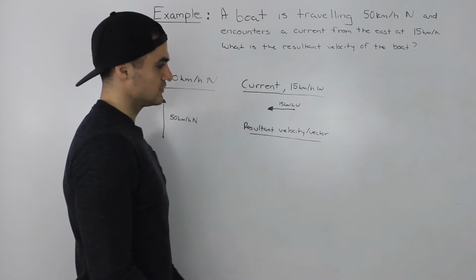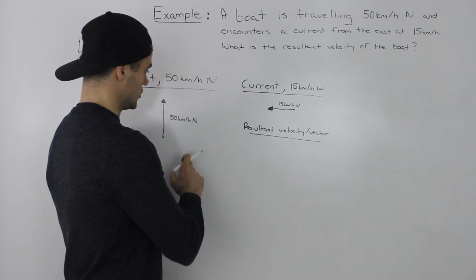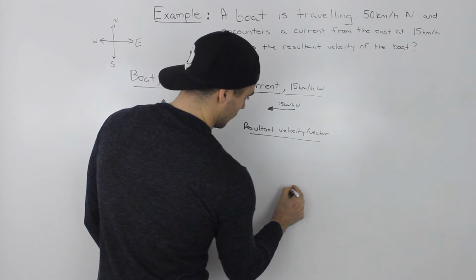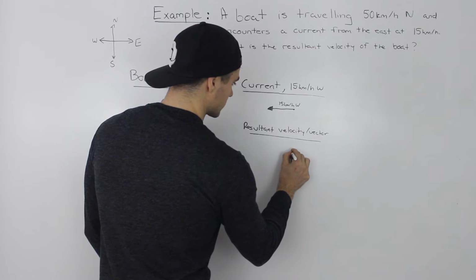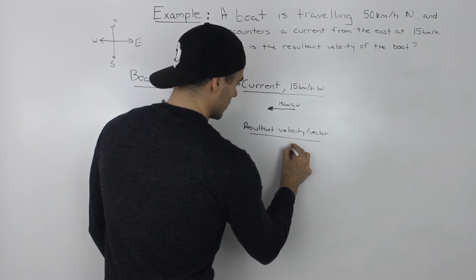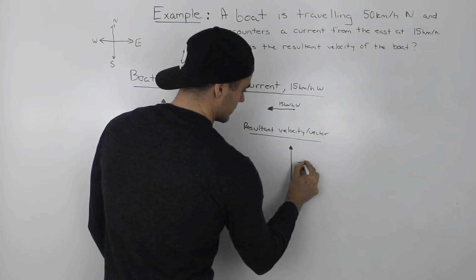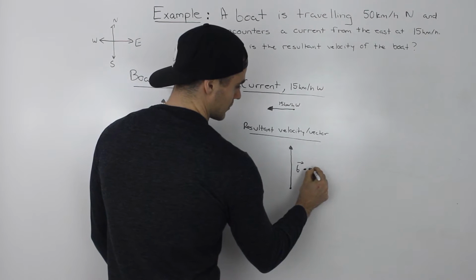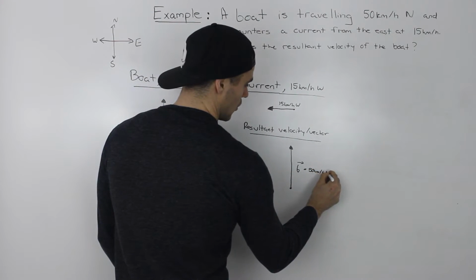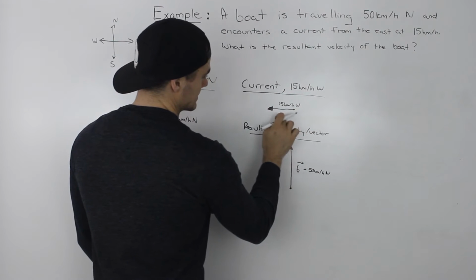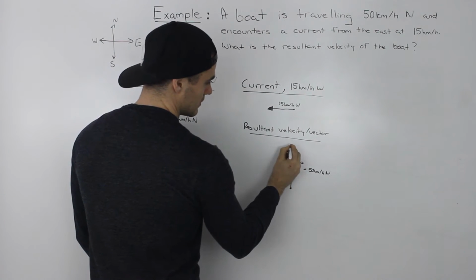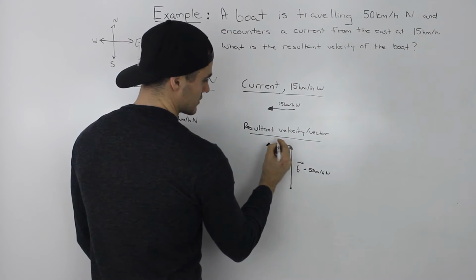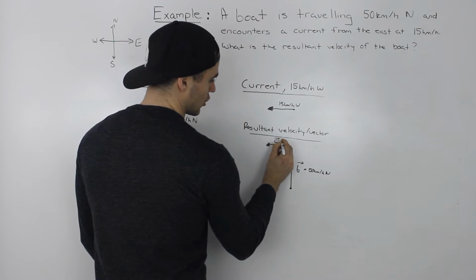Now to find the resultant velocity, or the resultant vector, we just add these two vectors together. Let's start off with the boat vector. Let's call this vector B, which represents the boat. This vector B is 50 kilometers per hour north. Then let's add the current vector to it, and let's express this vector as C for current.